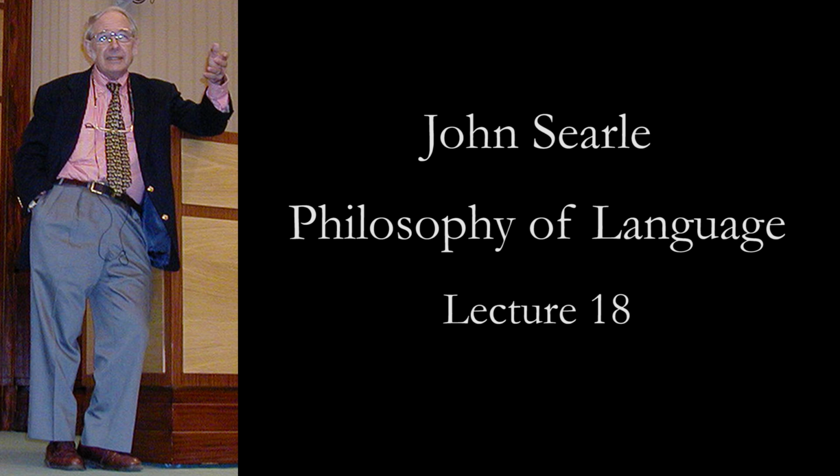Maybe the best summary is in a little book by Scott Soames, I think it's just called The Philosophy of Language. And Soames gives a summary of how the Davidsonian project failed. And I think it's generally agreed that it did fail. But there's an intuition that's right. And the intuition is this.